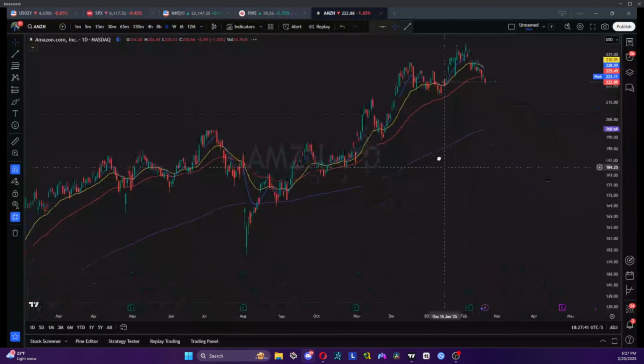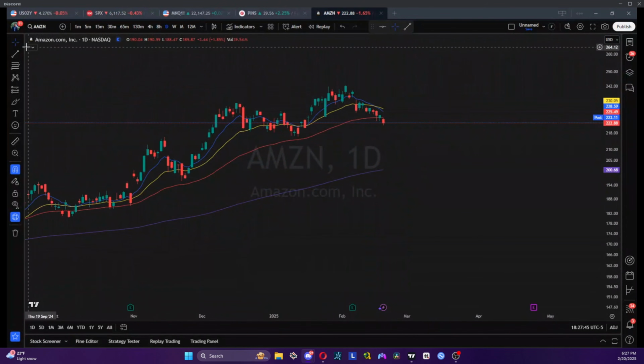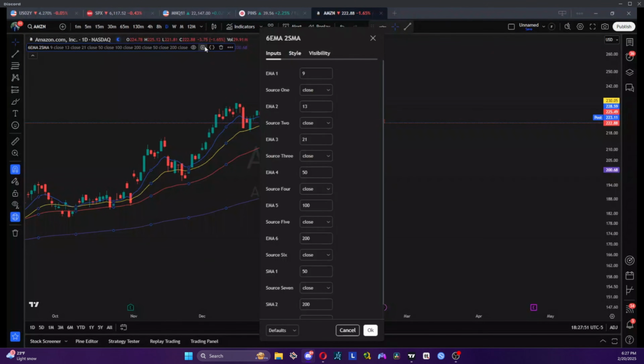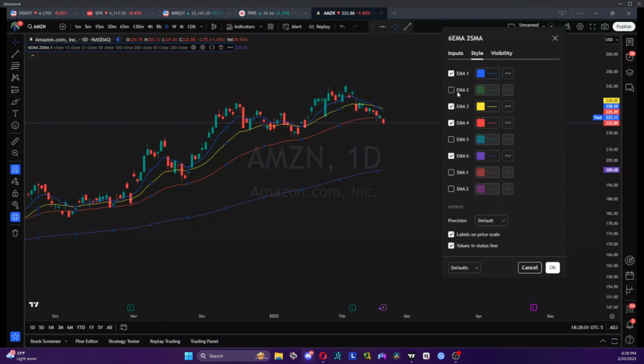I already have mine set up, so it's automatically detecting it. My setup is the following, okay? You can change it and do whatever the hell you want with it, but I'm going to show you what I do. Now, I change this EMA to the 8. Some people like having the 13. I've started implementing it into my trade setup.